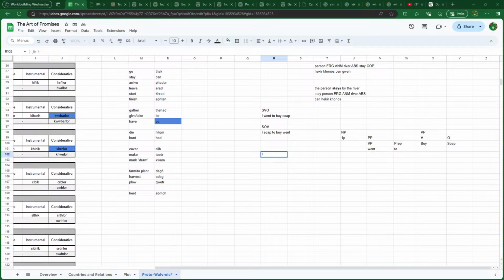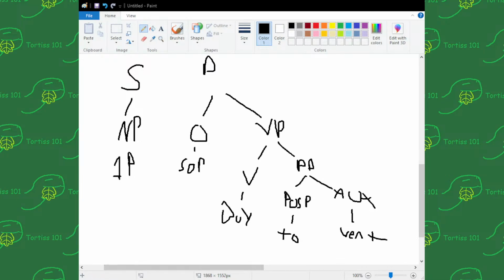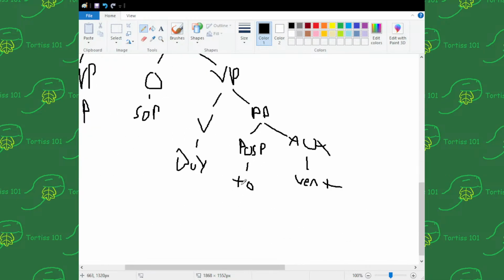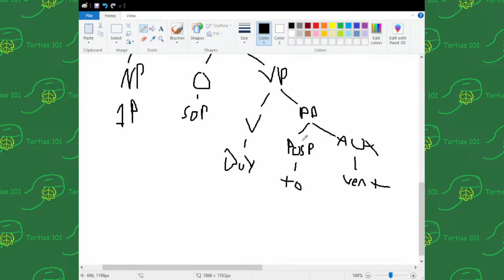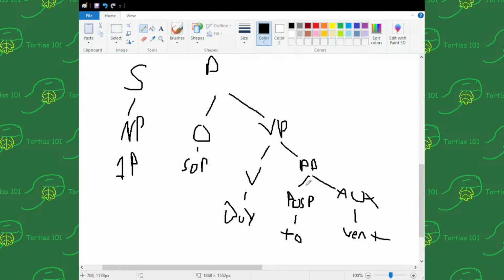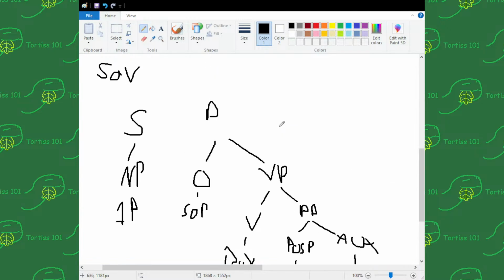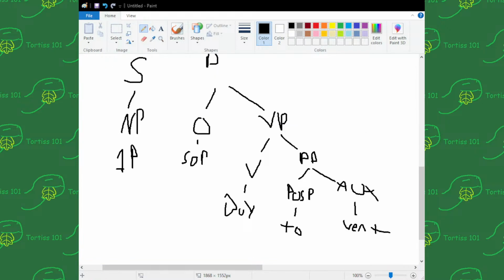No. Go back to paint. The postposition, how postpositions work is they go between the object and the verb. Right? Hold on.